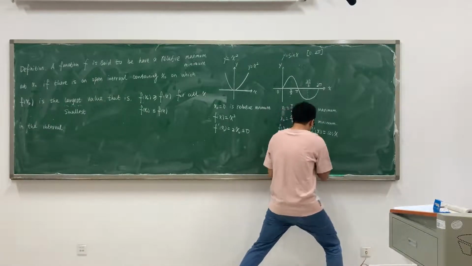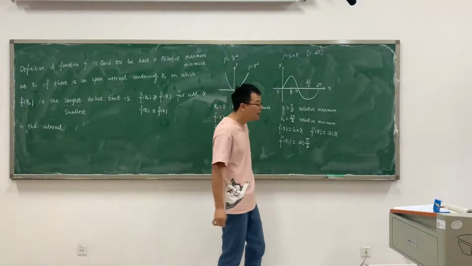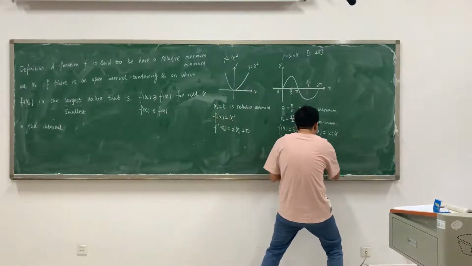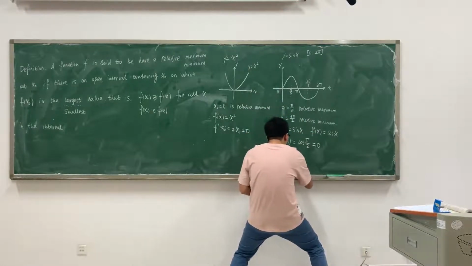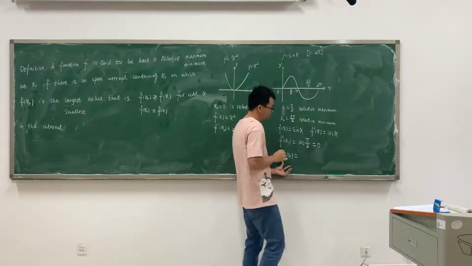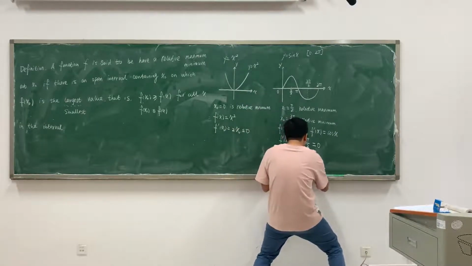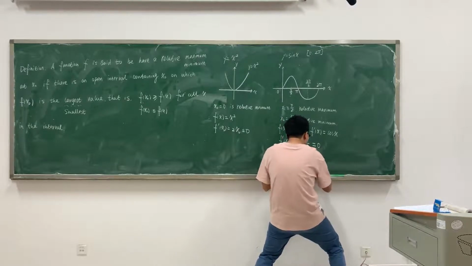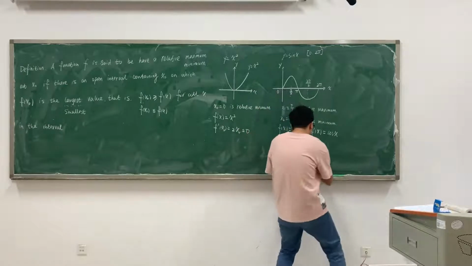Cosine 1/2 pi is 0. And f prime of x2 equal to what? Cosine 3 pi by 2. Cosine 3 pi by 2 is also 0.